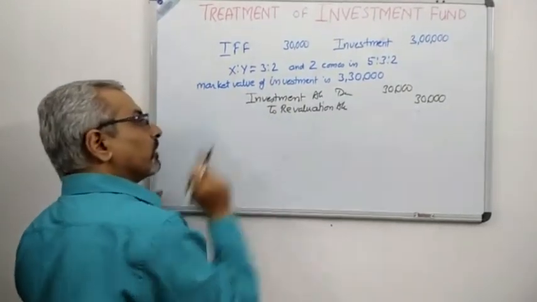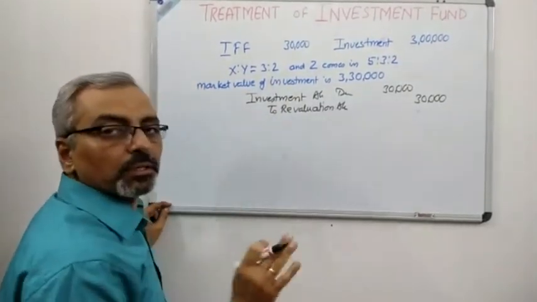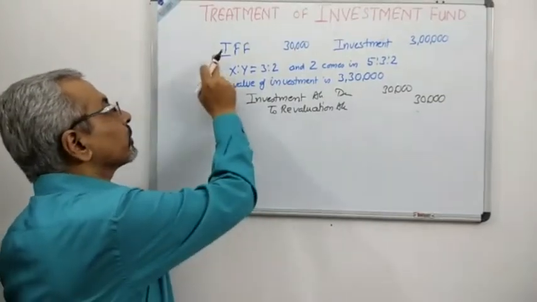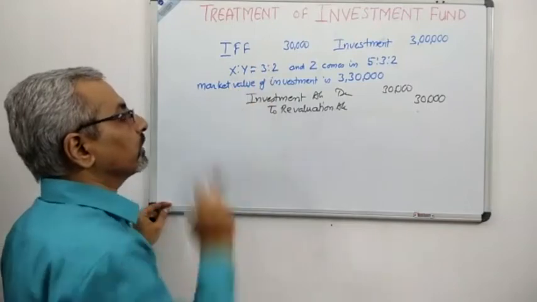This impact of revaluation over here shows you very clearly that there is a profit on revaluation of 30,000 and that should be distributed among the old partners X and Y in 3:2.